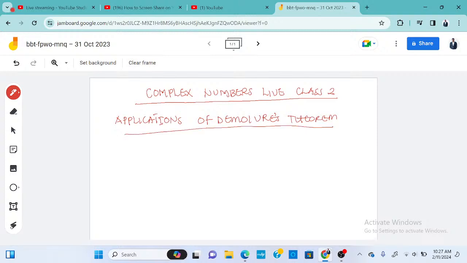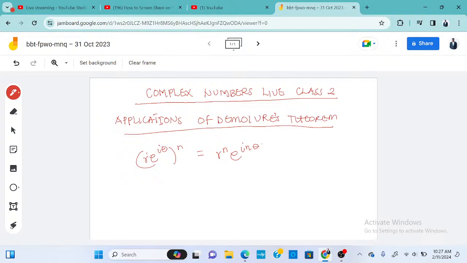First of all, when we say De Moivre's theorem, what is it talking about? In our first class, I made a note to you that if you have a complex number, say r e to the power i theta, that is a complex number expressed in the polar form, raised to the power n is always equal to r to the power n multiplied by e to the power i n theta.